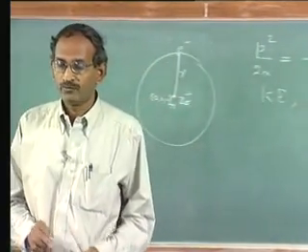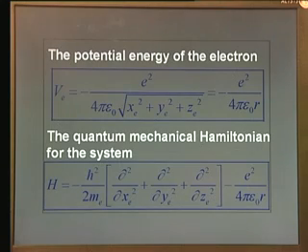Therefore, one can write the Hamiltonian of the electron in the hydrogen atom, with the stationary nucleus, as the kinetic energy plus the potential energy, which is minus e square by 4 pi epsilon naught r.